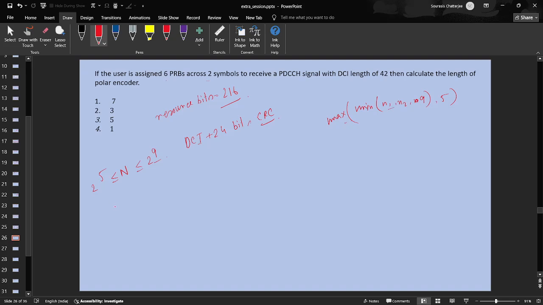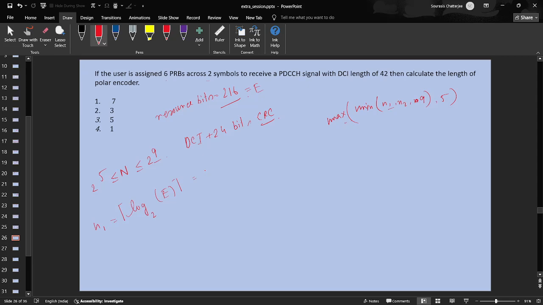Here n1 we obtain by taking log base 2 of the resource bits, and whatever number we get, there should be a ceiling operation.